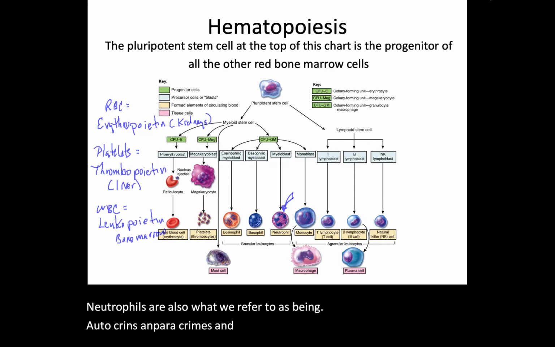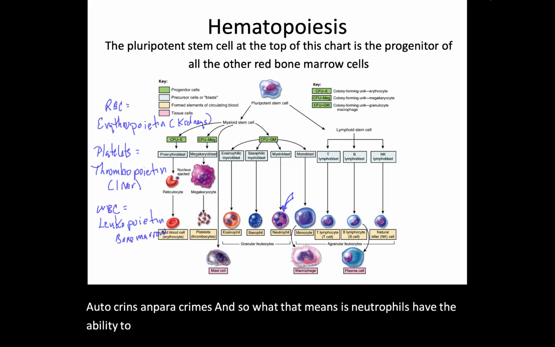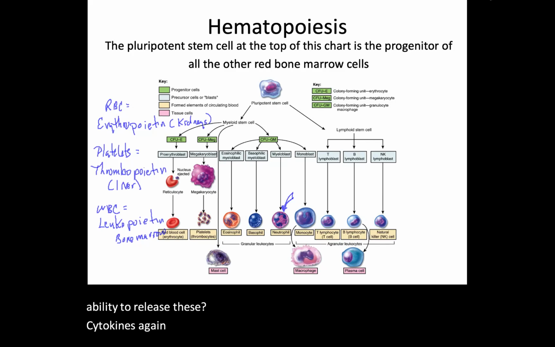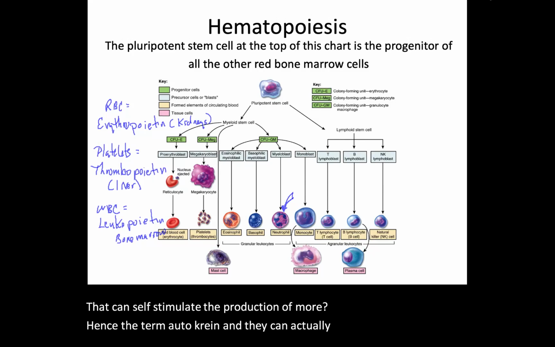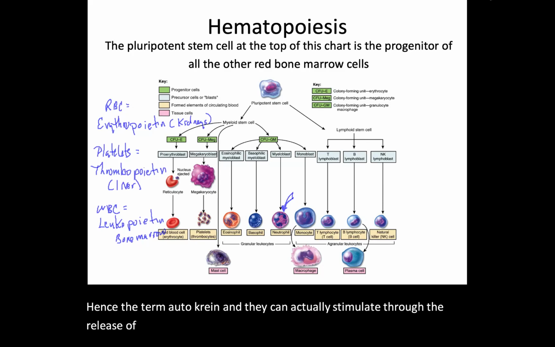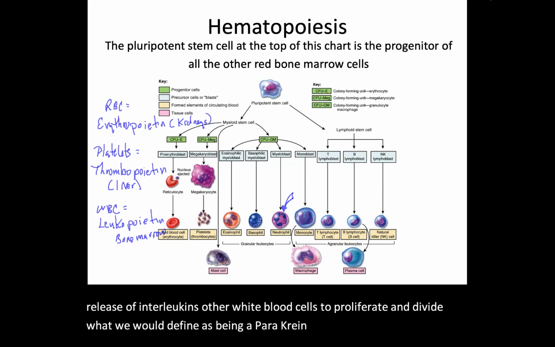What that means is neutrophils have the ability to release these cytokines, again, interleukins, that can self-stimulate the production of more neutrophils, hence the term autocrine, and they can actually stimulate, through the release of interleukins, other white blood cells to proliferate and divide, what we would define as being a paracrine effect. And monocytes have the same ability, as well as a macrophage.